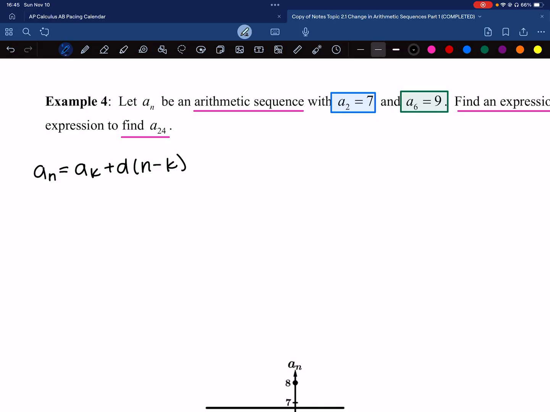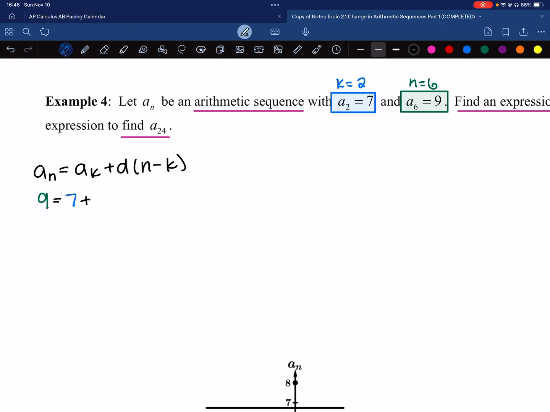And so we're going to plug in what we know. For this one, let k be 2, and n be 6. So that means a sub n is 9, a sub k is 7.